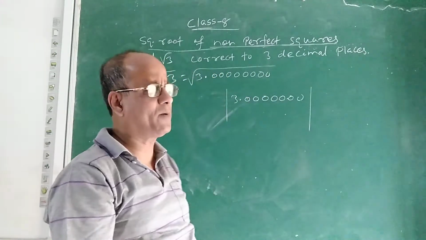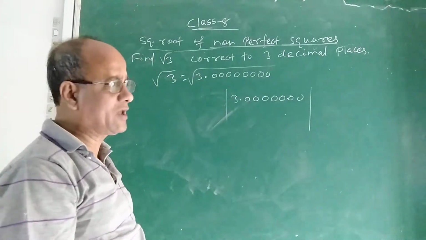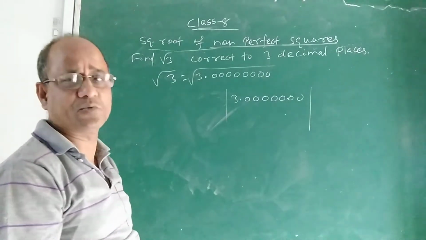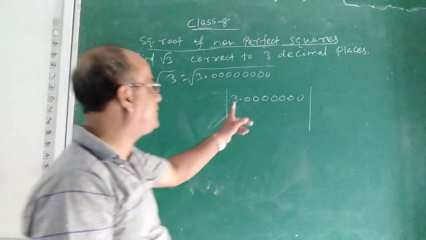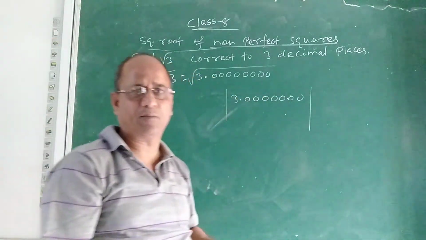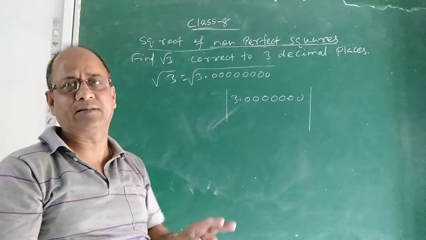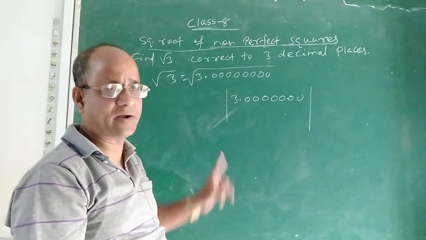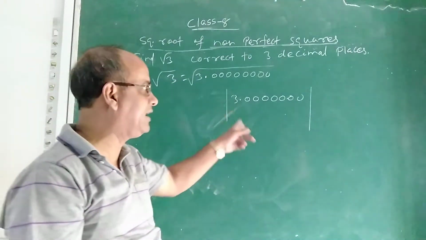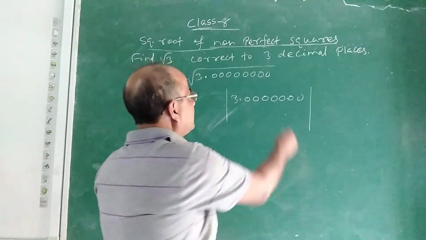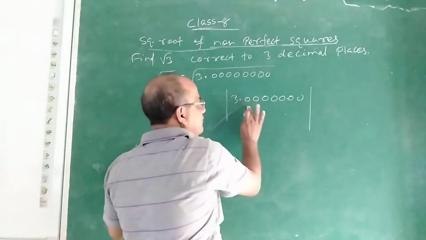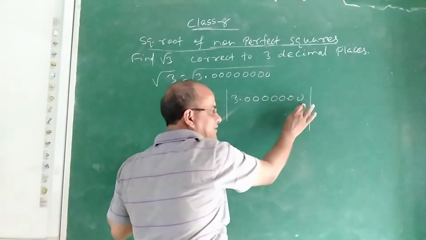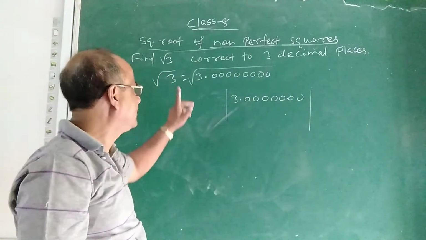When the square root of a non-perfect square is to be found correct up to 3 places, then there must be 8 digits after the decimal point, because 3 decimal places are asked.